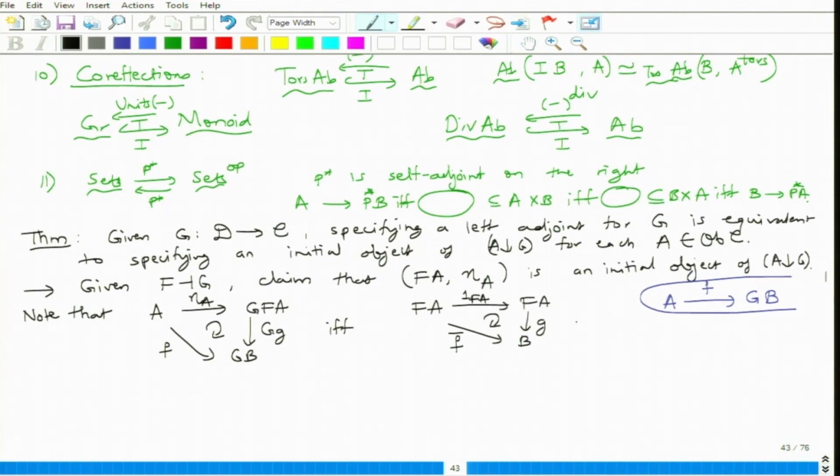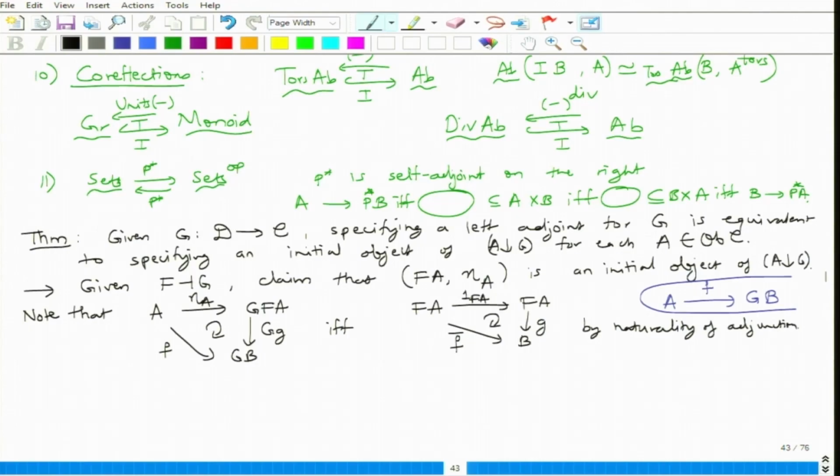Do you see that? By naturality, exactly. By naturality of adjunction. I mean, naturality of the bijection in the definition of adjunction. If you understood naturality, then you will understand this. If you haven't yet looked at it, please go and check. Note that this happens if and only if this happens by naturality of adjunction.